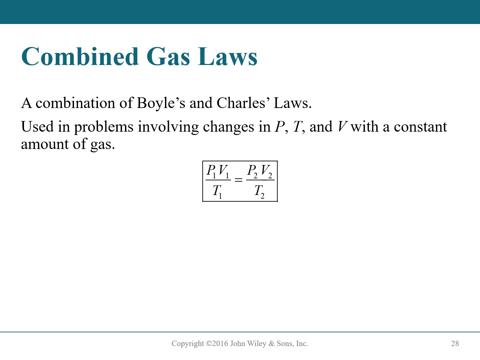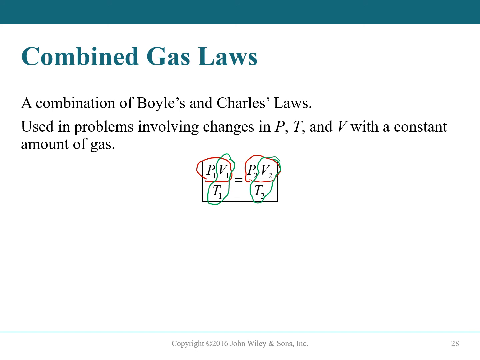So let's talk about the combined gas law. The combined gas law is a combination of Charles' law and Boyle's law. You can see here what I've circled in red: P1V1 is equal to P2V2. That's Boyle's law. And what I have in green, V1 over T1 is equal to V2 over T2, that's Charles' law.